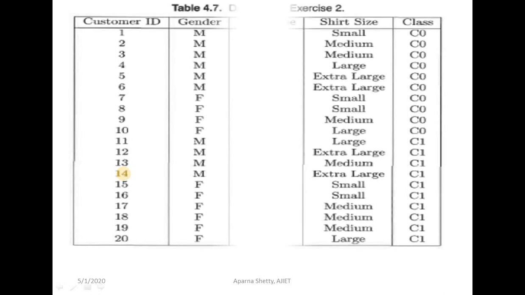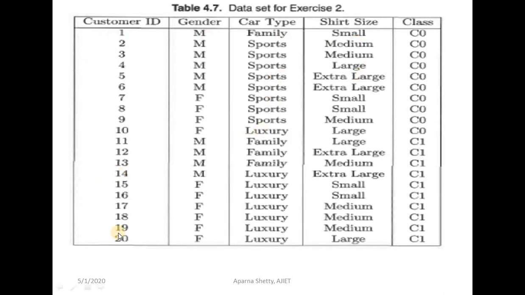So first, I want everyone to take down this table. In this table we have 4 attributes, and we have 2 class labels, correct? The last column is the class, which has 2 class labels, class 0 and class 1. The 4 attributes are customer ID, which has unique values for each record. The next attribute is gender, which has 2 values, male and female.